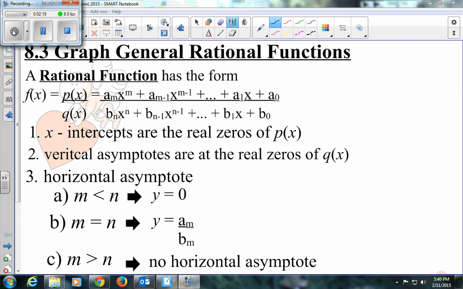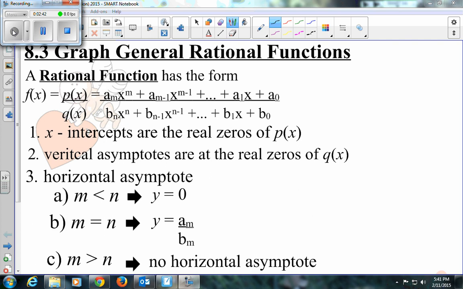When y is 0, it crosses the x-axis. Okay, the second thing we're going to be looking for are vertical asymptotes. And we find that by looking at the denominator on the bottom, q of x, and we find all the zeros of that polynomial. And we've been doing this for some time. You guys know how to do this part.